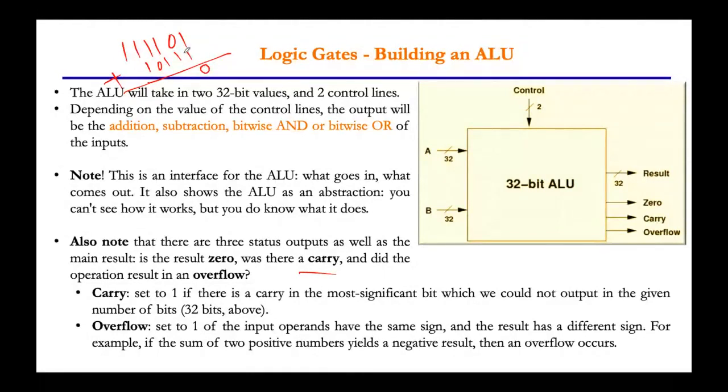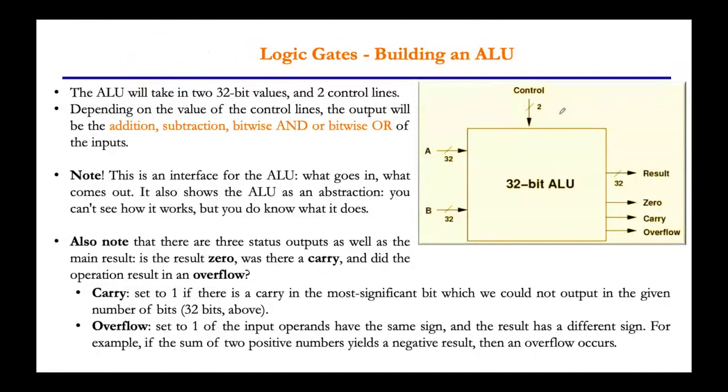So 0 is here and 1 goes in the carry. Correct? So that carry will be given as an input again. So 1 plus 0 is 1 and 1 plus 1 is 1 0. So 0 will be here and 1 here.